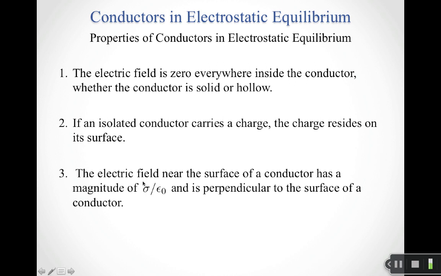The electric field near the conductor is going to have a magnitude given by this expression and is perpendicular to the surface. Whatever shape your conductor is, if you zoom in close enough, effectively it's going to look flat.